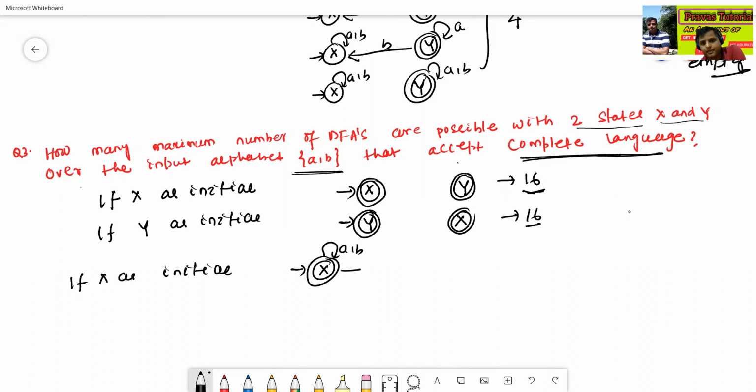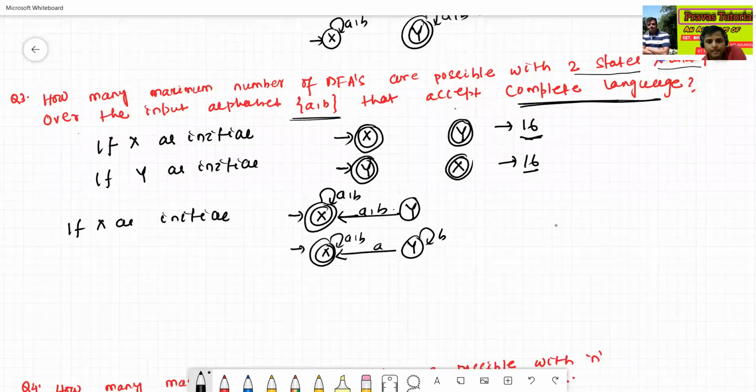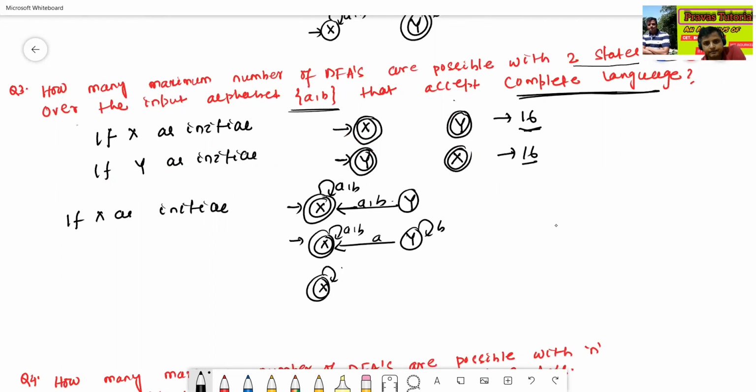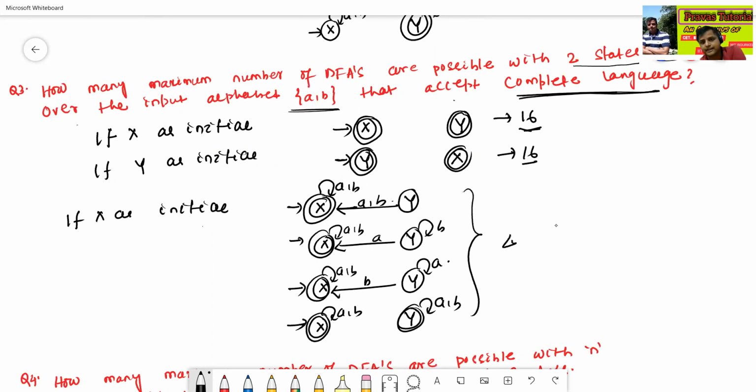This is A comma B, this is A comma B, this is Y. This is A, this is B. This is X, A comma B, this is B, this is Y, A. This is A comma B, this is A comma B. Okay, these all have X as the initial state, and these are also 4 DFAs that will accept the complete language.